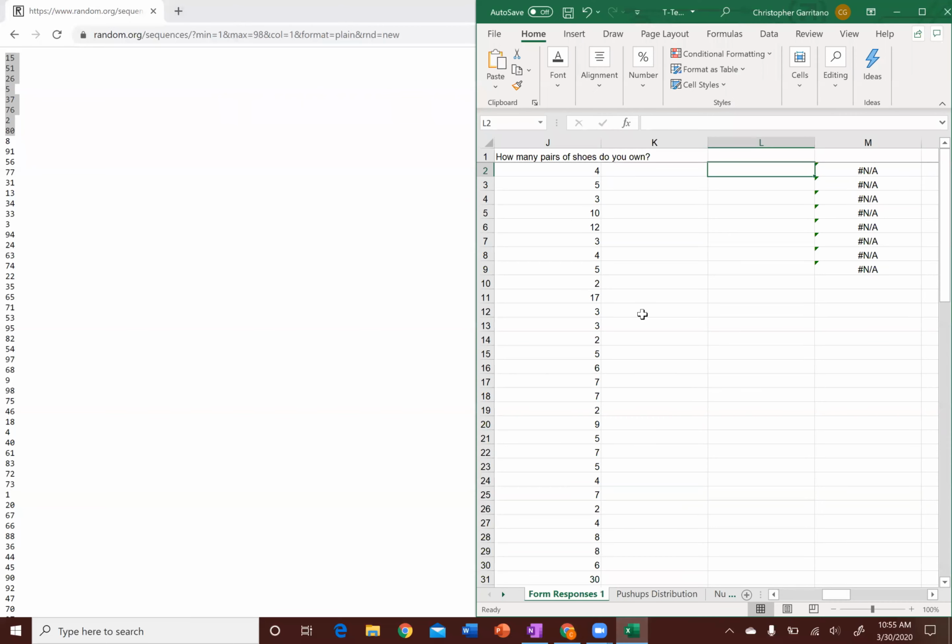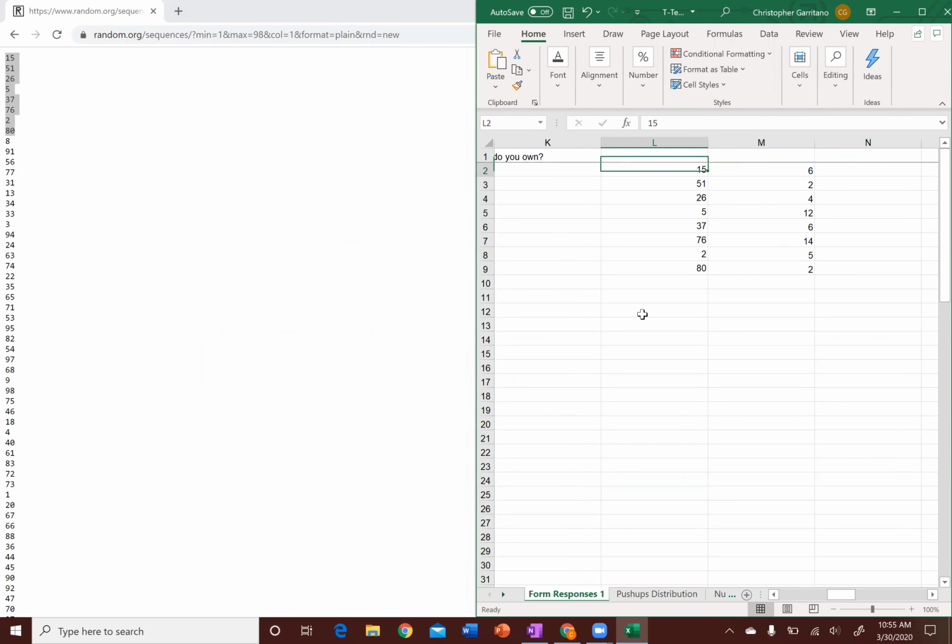I'm going to plug those numbers into this column L here. These are the random numbers, so these are basically the 8 random students. And on the right, I had a formula set up to look up the number of shoes that each one of those students owned. So this is the information we're interested in. These are the numbers that represent the shoes.